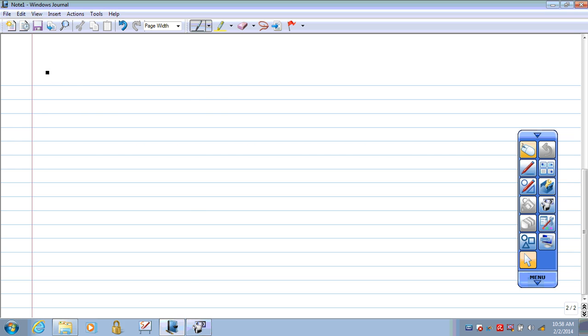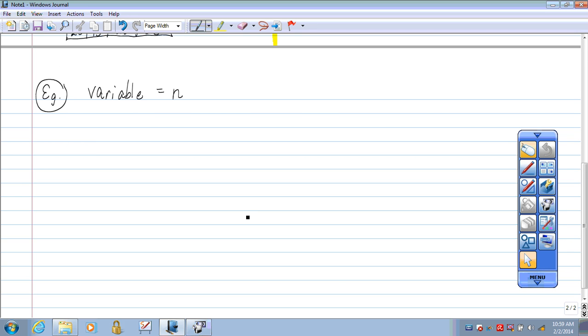Okay, another example. Let's say our variable, we're going to use the letter N, which sounds like any number. And our expression is going to be 23 times N. Okay. So let's draw our table here.